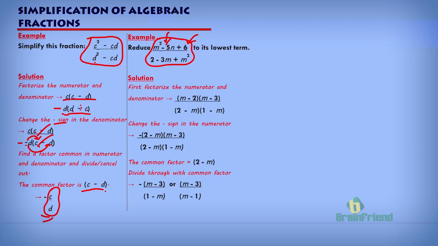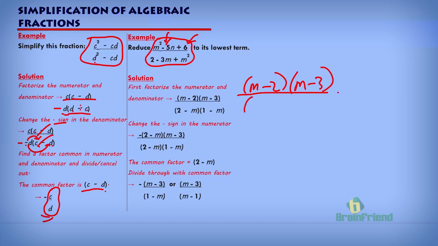That's factorization. Those numbers are minus 2 and minus 3. So we say m minus 2 and m minus 3 is the factorized version of m squared minus 5m plus 6.